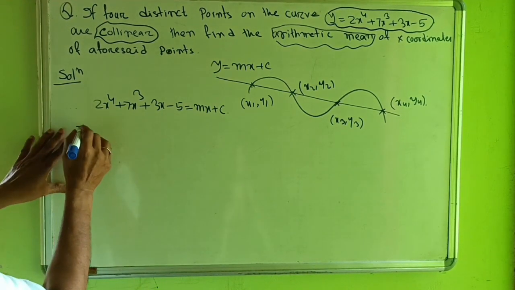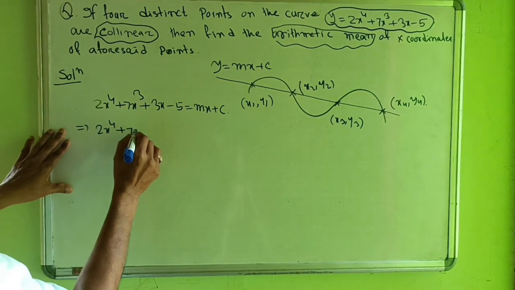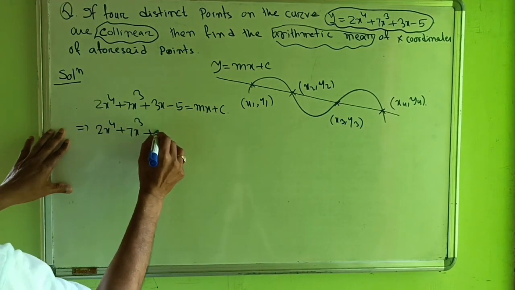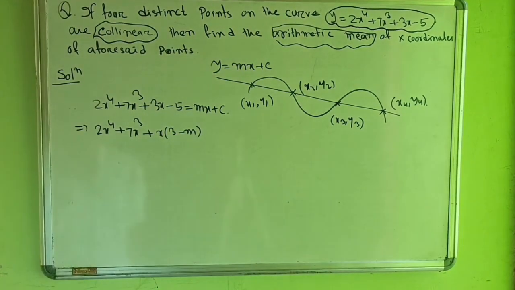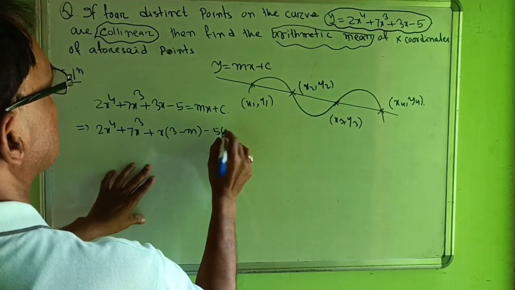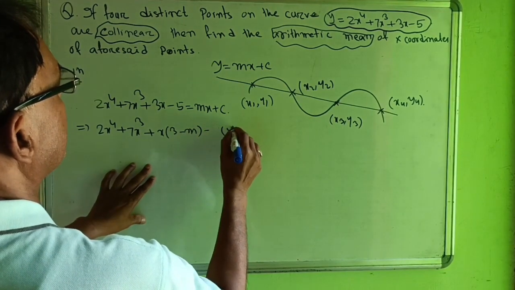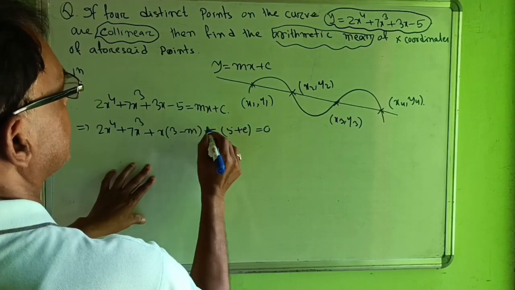This implies 2x to the power 4 plus 7x cubed plus x into (3 minus m) minus 5 minus c is equal to 0.